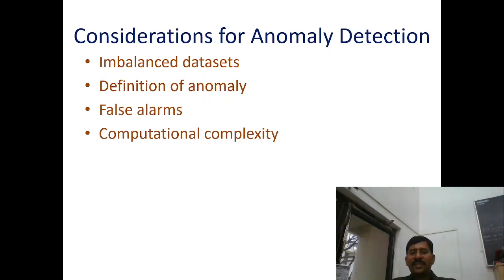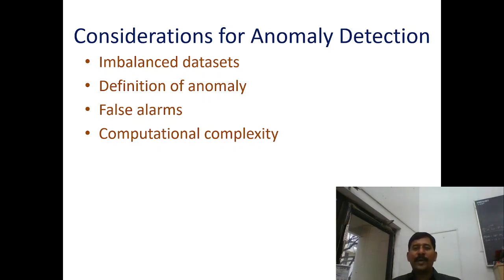Coming to the next consideration, definition of anomaly. The boundary between normal and anomalous behaviors can evolve over time, so it may require models to adapt to changes in the data distribution. Third consideration, false alarms. Many of the found anomalies could correspond to noise in the data.